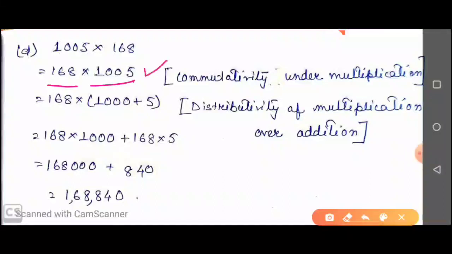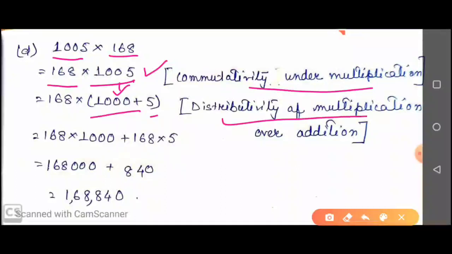That means here we have interchanged the places of the numbers. This is called commutativity under multiplication. After that we will break 1005. 1005 can be broken as 1000 plus 5. This is distributivity of multiplication over addition.